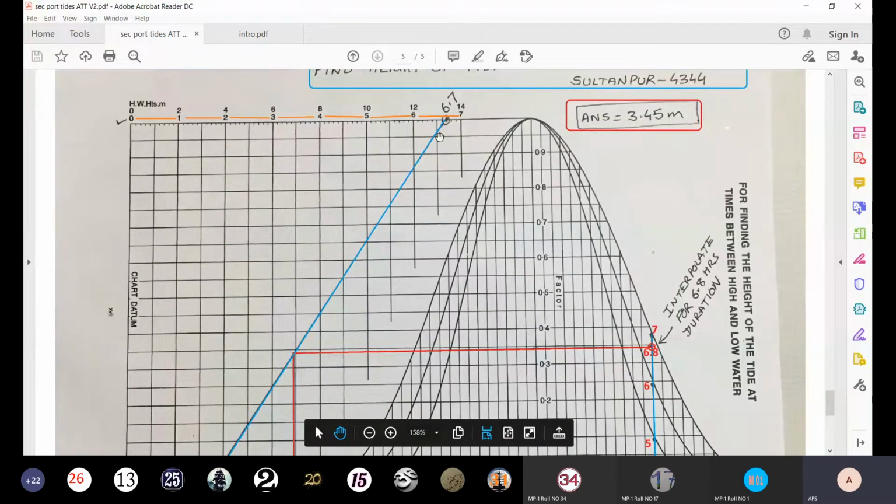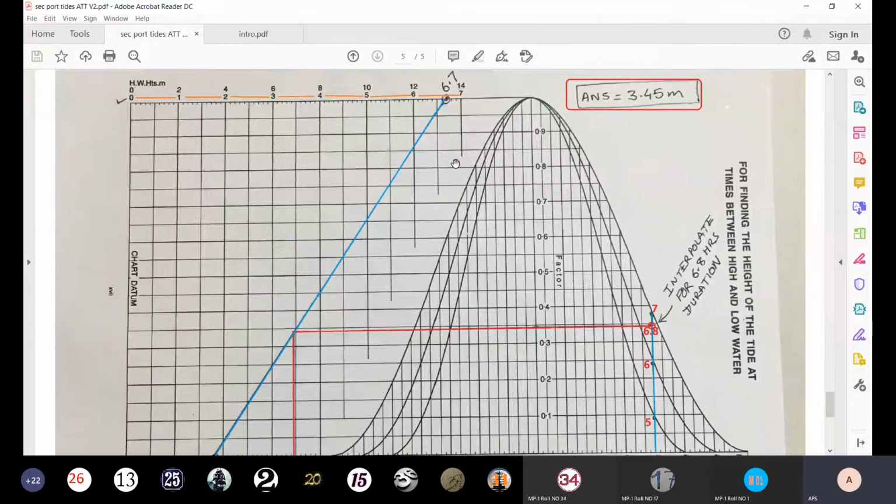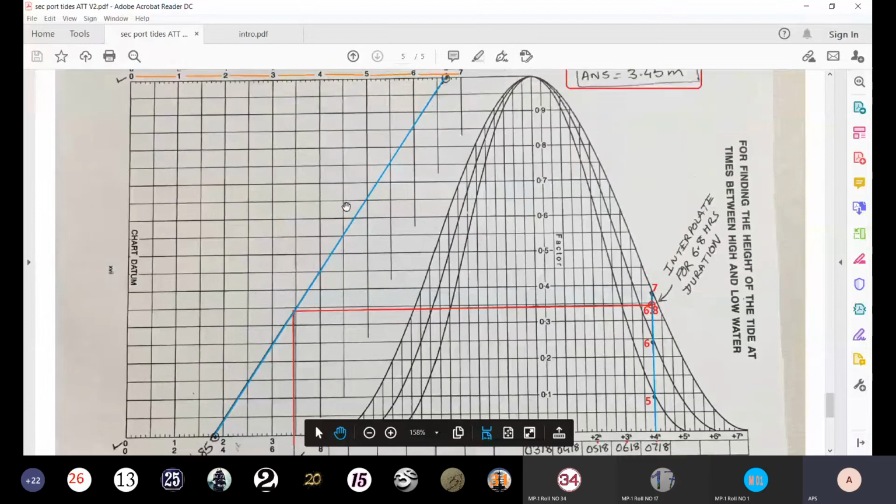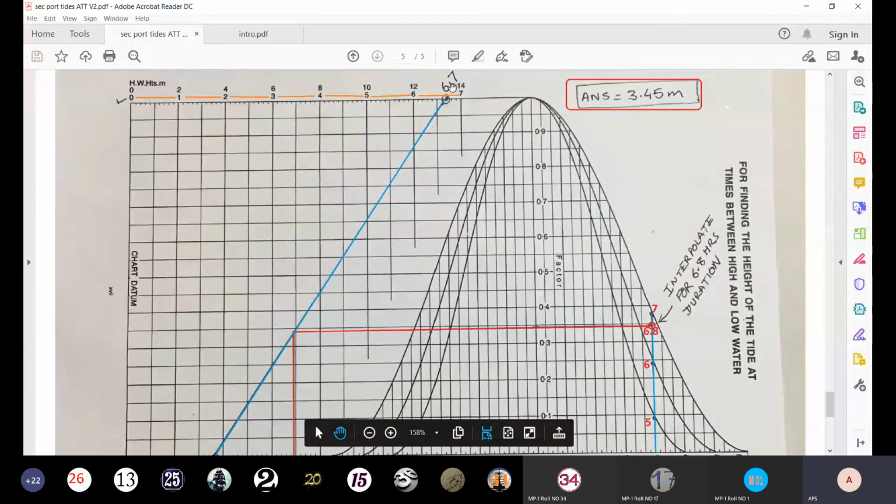So we had 6.7, we can use the inner scale, so high accuracy will be there. Suppose we had 8 meters, 9 meters, then you use the top, outer scale. So better to use the inner one. With the red line I have shown you, we are using the inner scale. So make the sloping line from 1.85 to 6.7.